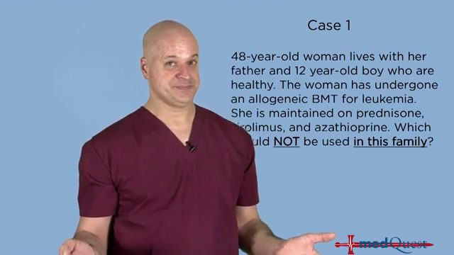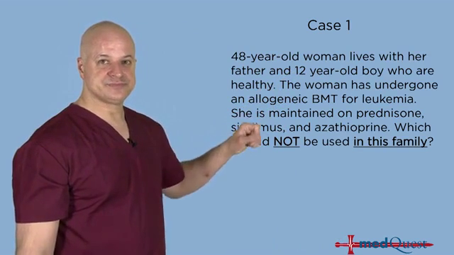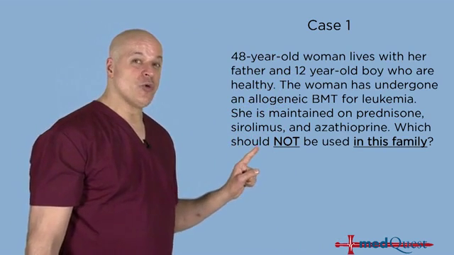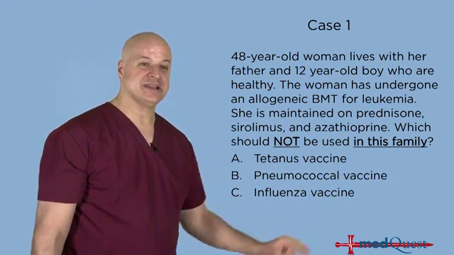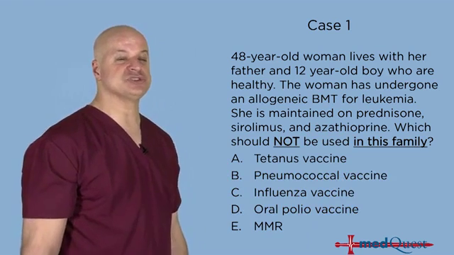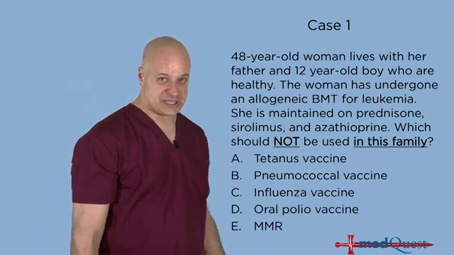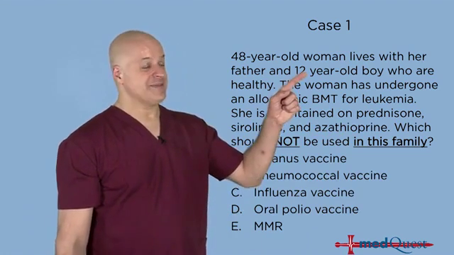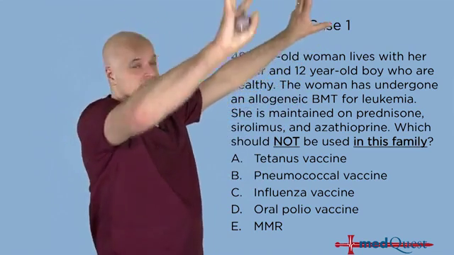You have a woman who lives with her 12-year-old son. This is the question. What can't be used in the family? In other words, which of these will spread to someone else in the family from the kid? I'm not saying what you can't use in the kid, but what about the people near him?